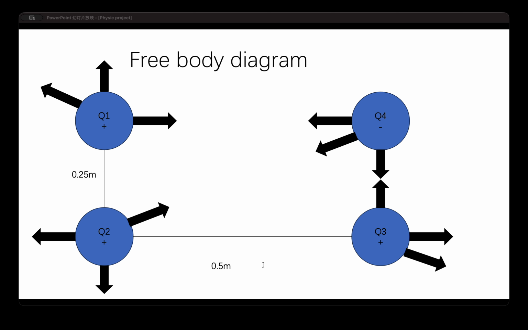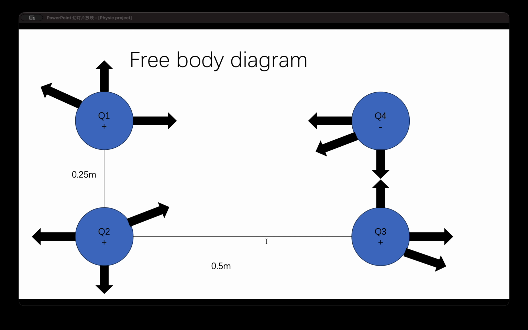So we need to find the diagonal distance. Because it's a rectangle, we can use the square root of 0.5 squared plus 0.25 squared to find the diagonal distance, which is approximately 0.559 meter.